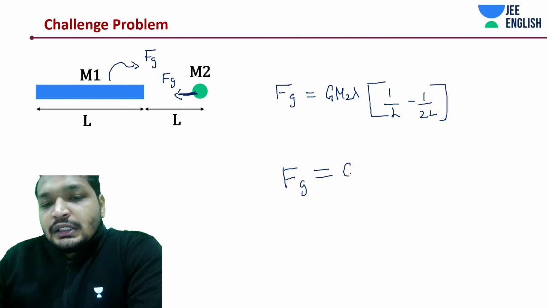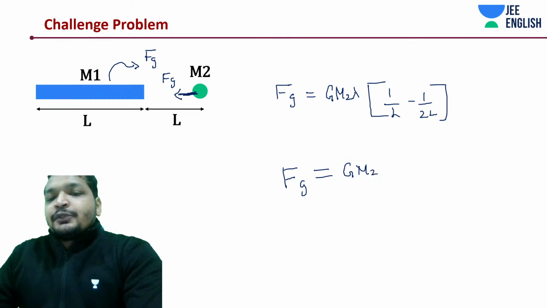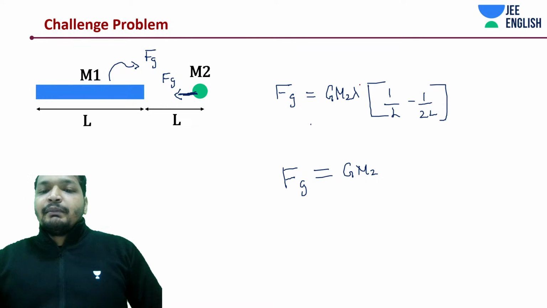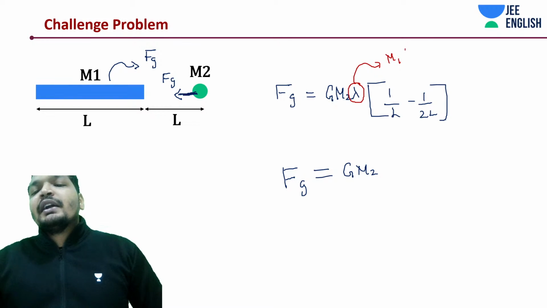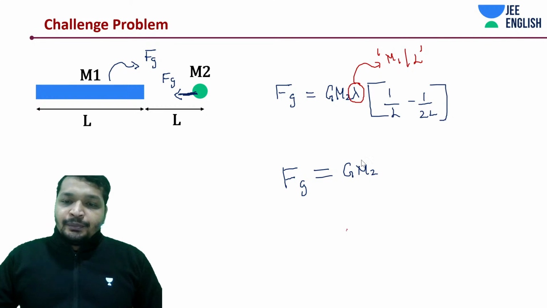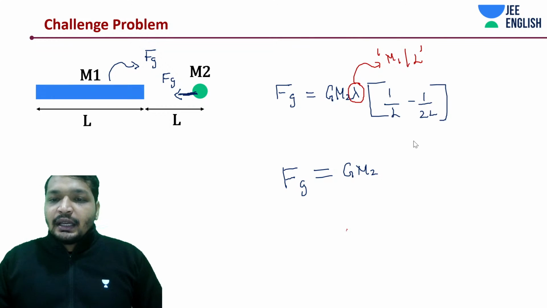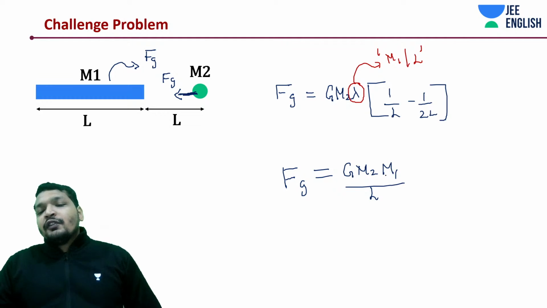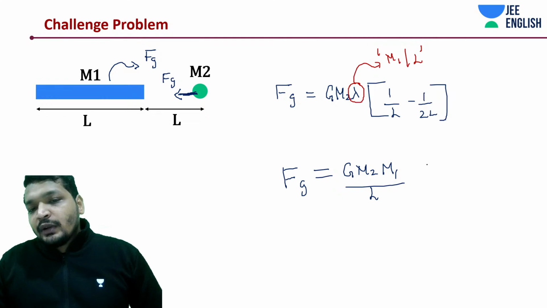G into m2, and if I substitute the value of lambda, which is going to be m1 divided by the length L, just substituting the value, we get G m1 m2 divided by L into 1 by L minus 1 by 2L, which is going to be 1 by L times 1 minus half.